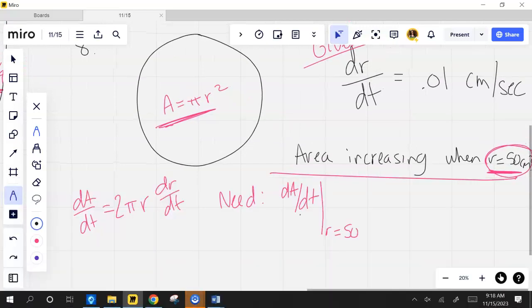So see how I need something dt? Unless I take the derivative of t itself, I need to follow with d whatever dt. So if this was circumference and I did pi d, I'd need to do dC/dt equals pi dD/dt. Everything has to follow with a dt.